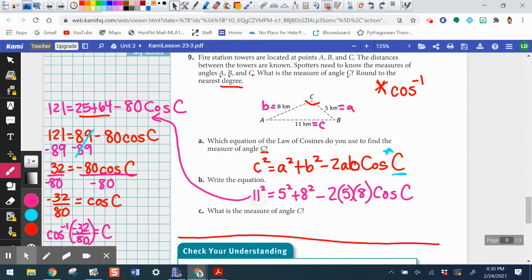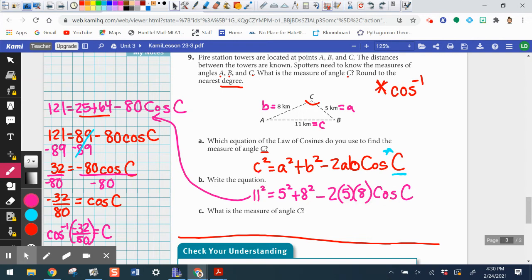C is now 11. A is now 5, B is now 8. And so then I replaced A and B here. And please understand, when we see 2AB, we're talking about 2 times A times B. So I put in parentheses to show that this is 2 times 5 times 8 times the cosine of C.